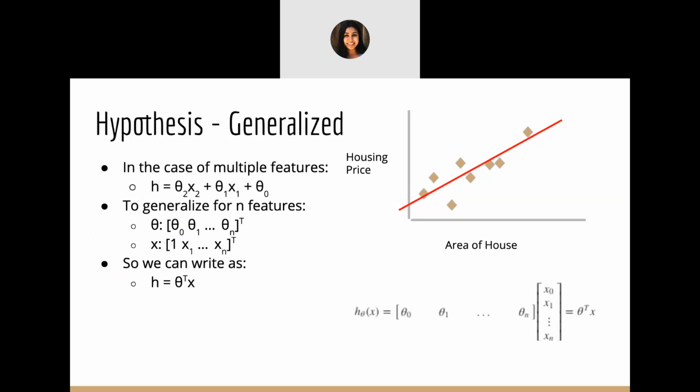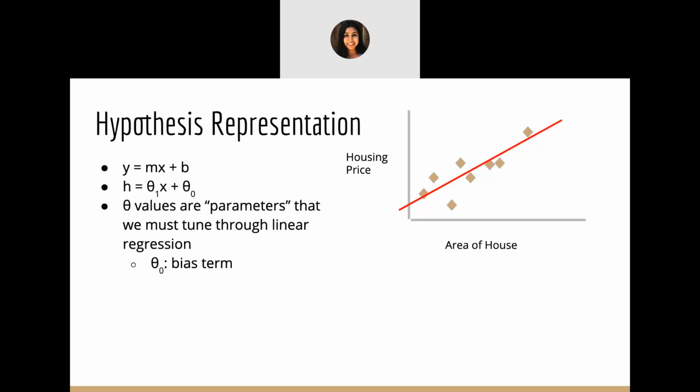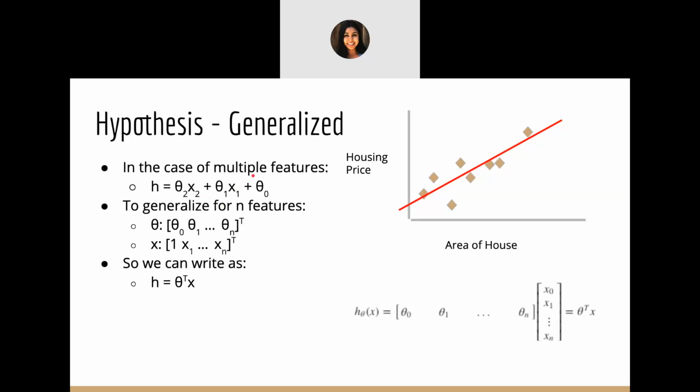The reason why I named it theta 0 and theta 1 is that it makes it easier to generalize our hypothesis when we're talking about a different type of data. So in this case, there's only one feature of the house, that's area. In another case, we might have more data.